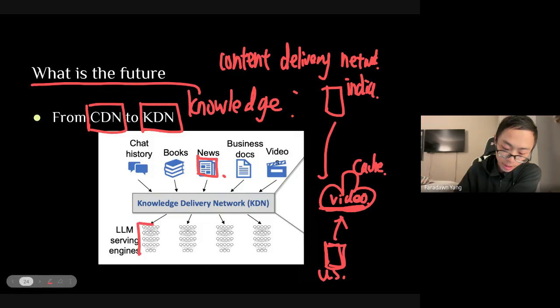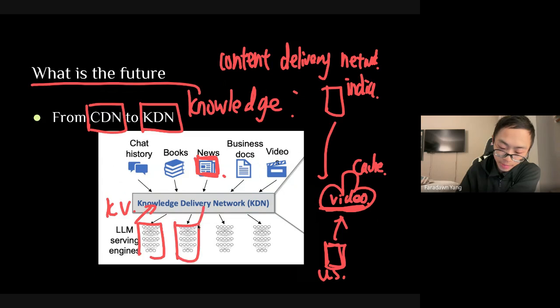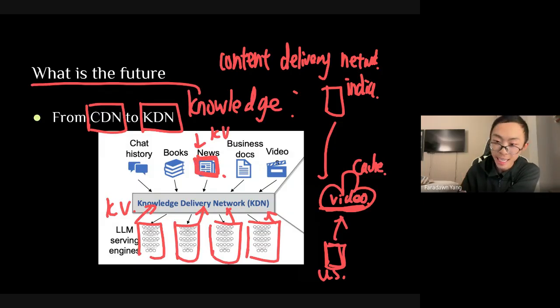The LLM will need to compute the KV of the news each time. They will need to process the same context. What if we just compute the KV states for this piece of news once and share it across all the users?